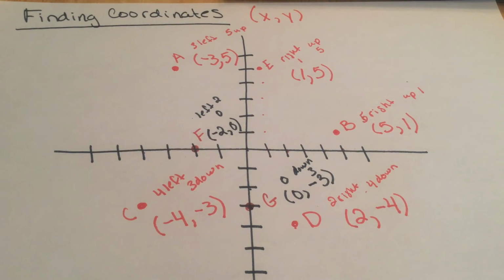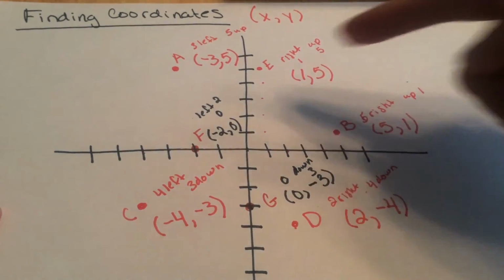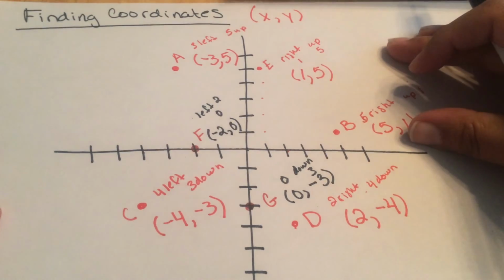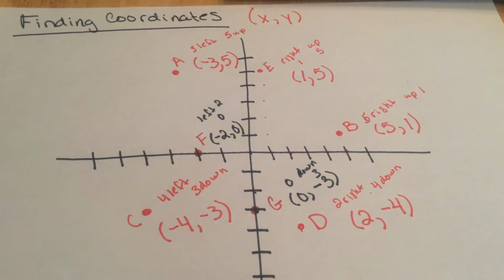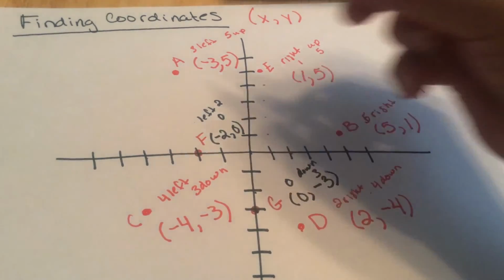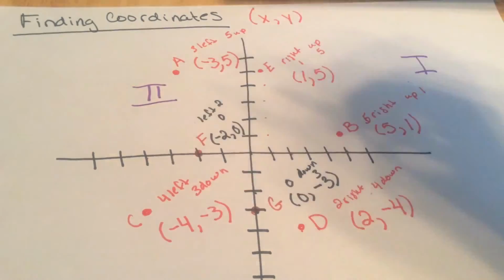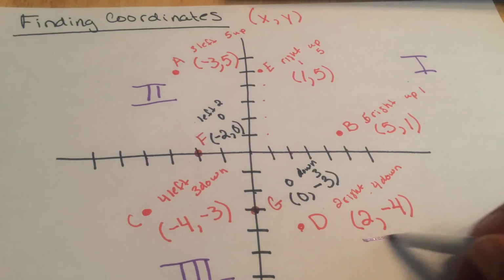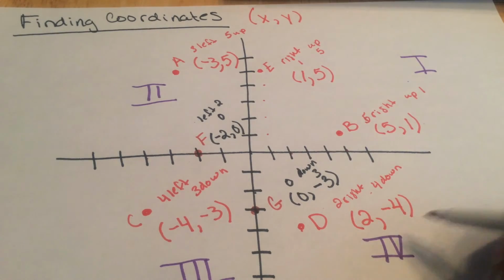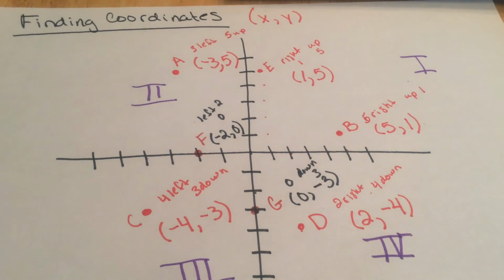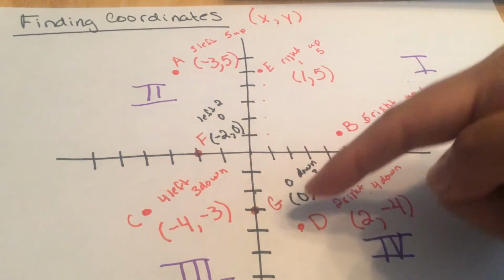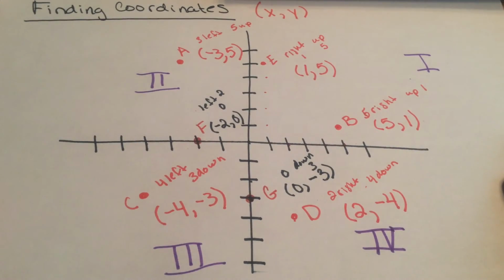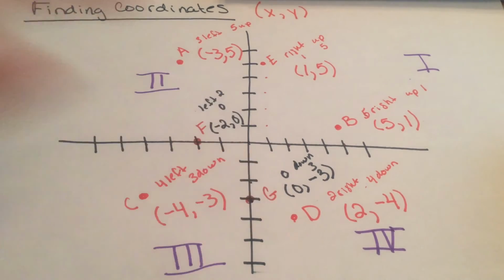And it's easy for us to see at this point that E and B fall in the first quadrant. A and F are going to be in the second quadrant. C is going to be in our third quadrant, and D is going to be in our fourth quadrant. But again, it brings us back to F and G. And this is by far the trickiest location whenever things lie on the axis.